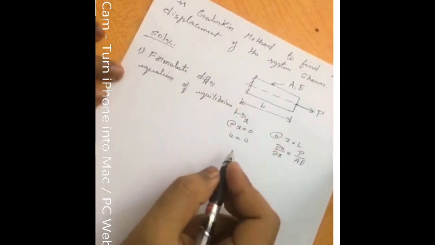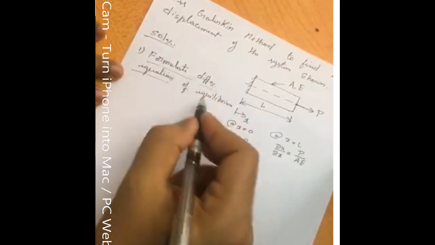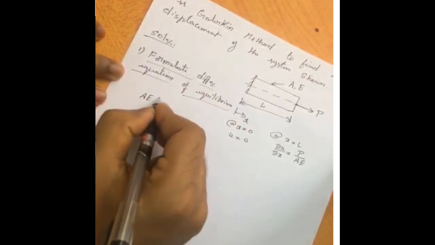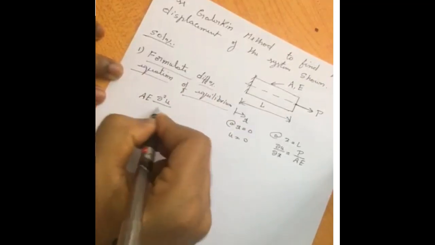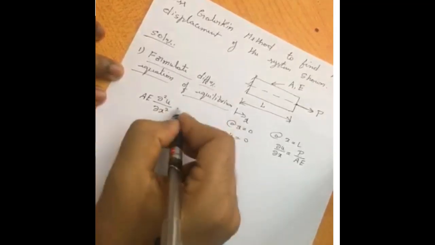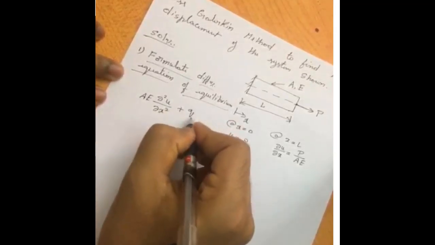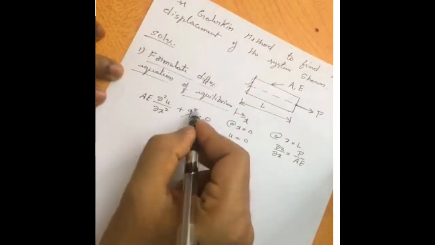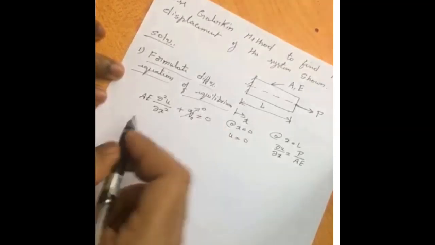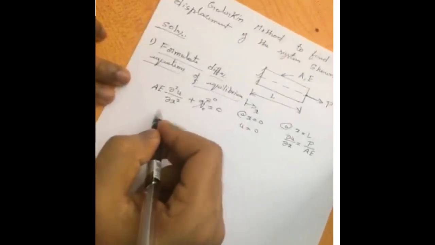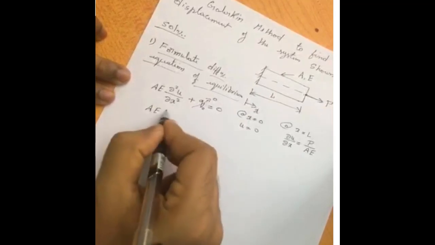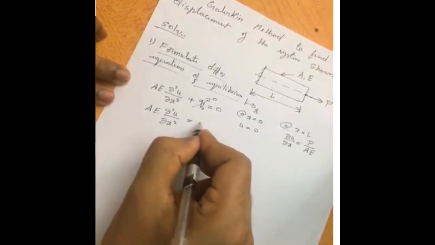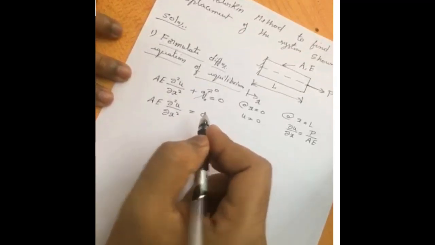For a bar problem, the differential equation of equilibrium is AE into dou square u by dou x square plus u naught is equal to 0. Since there is no traction, this term is not there. So this equation will be AE into dou square u by dou x square is equal to 0. So this is the differential equation of equilibrium.